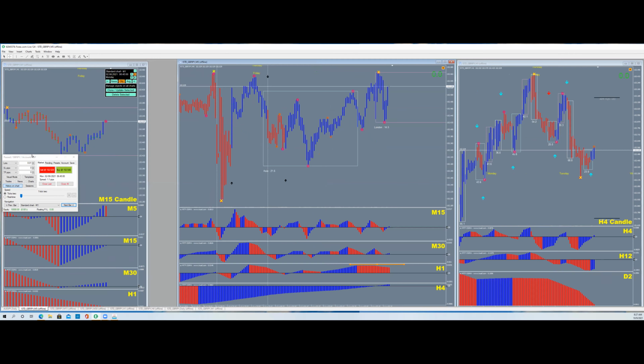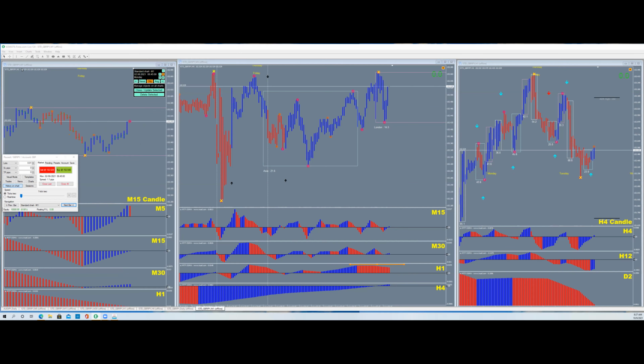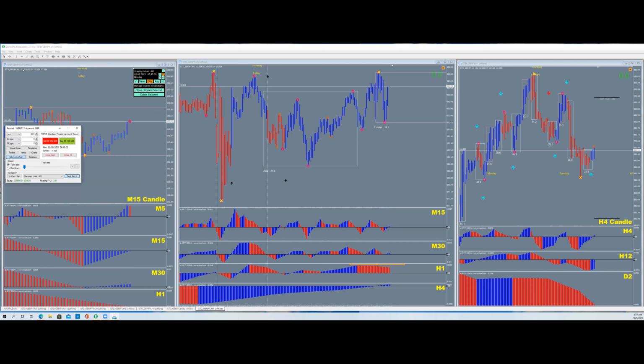Do you have 1 minute data loaded into the simulator? How fine did you go in detail? I don't understand the question. This is my 1 minute simulation chart on the left.